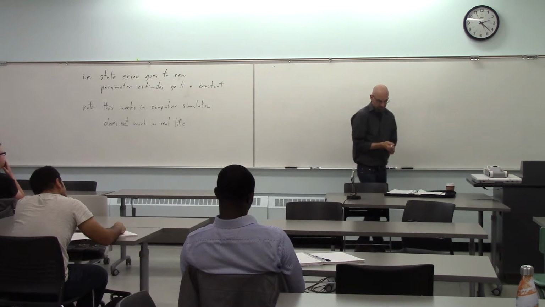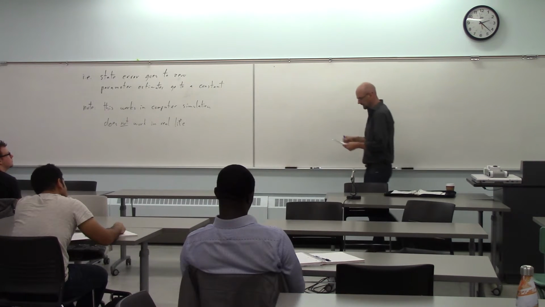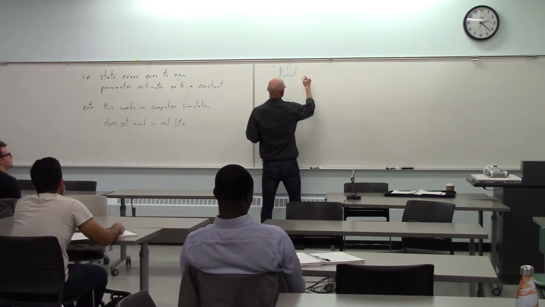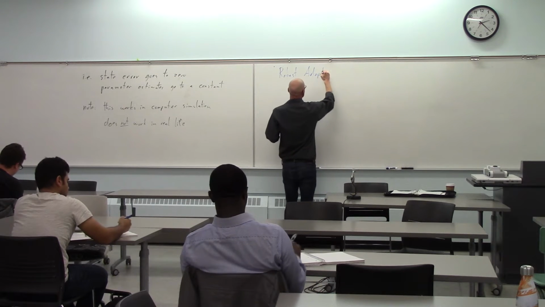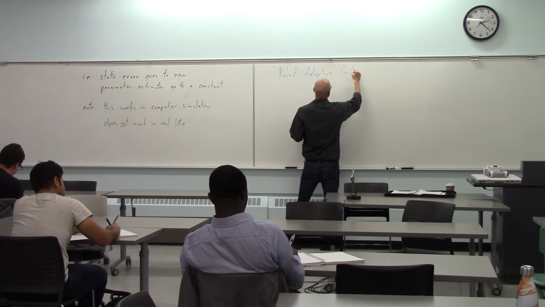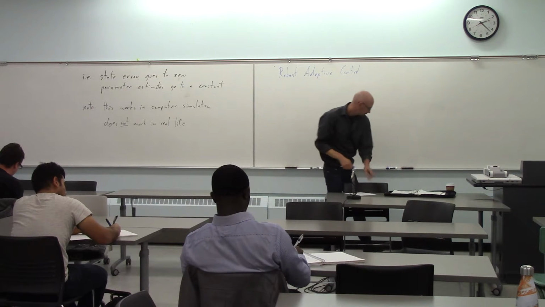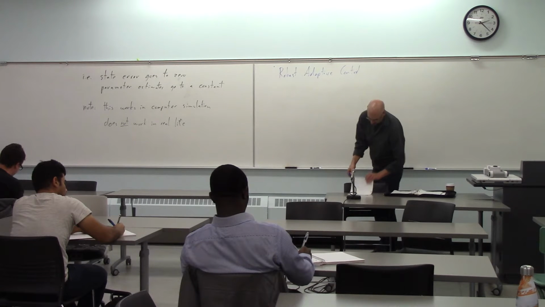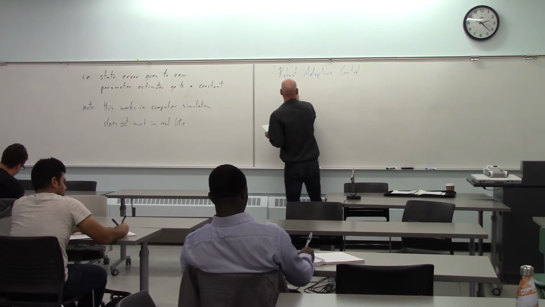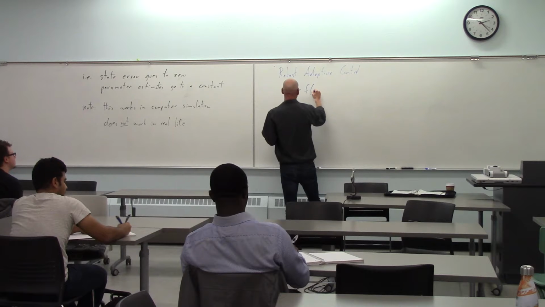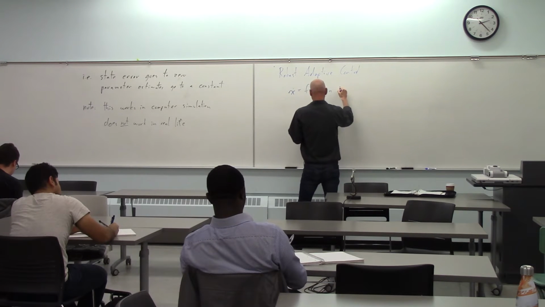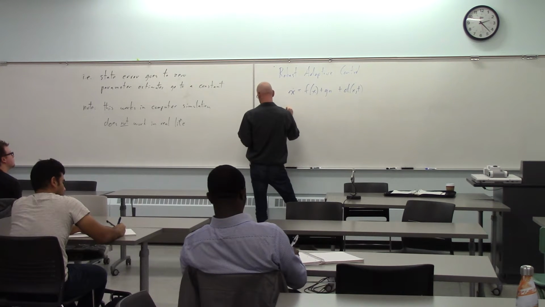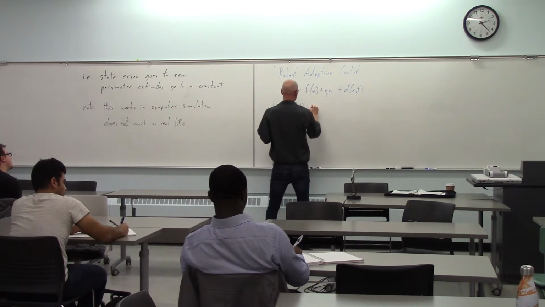Rather than do this with the robot, I'll do it for a more generic system so it's a bit clearer. X dot equals f of x plus g u plus d of x and t, where d of x and t is a disturbance.